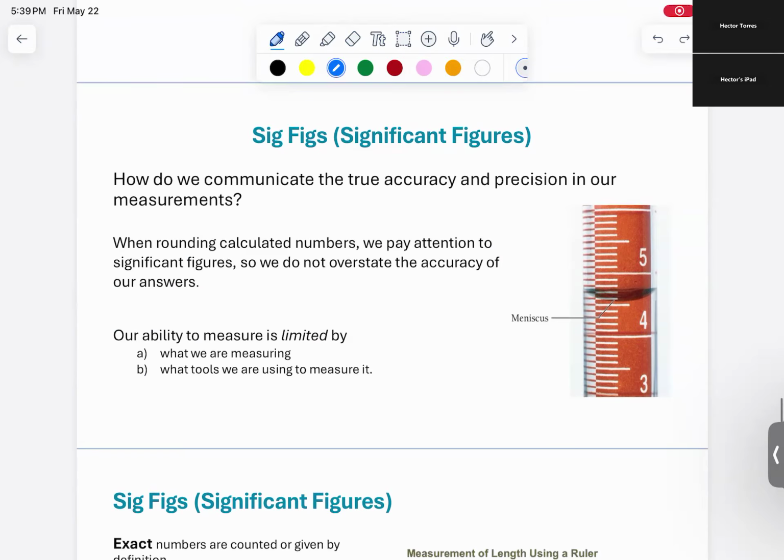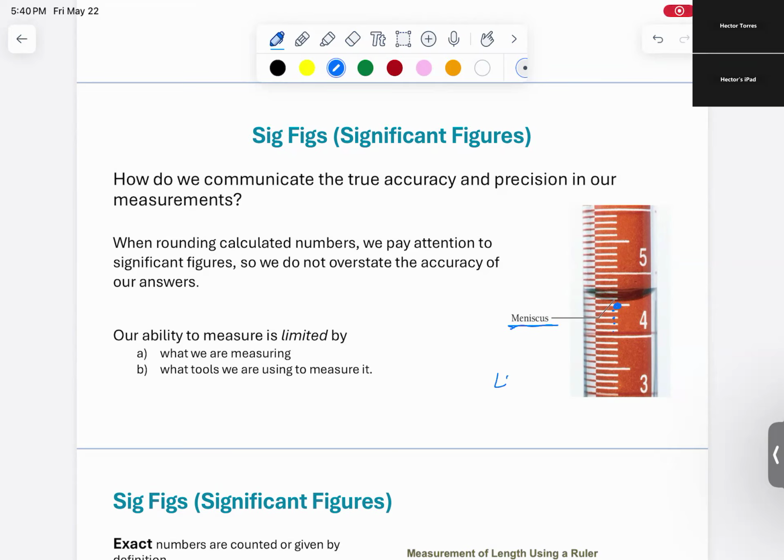So for example, over here we have this meniscus. If you guys are in lab, you've probably looked at this already. If you look at the bottom of this, it's a little bit hard to tell exactly where it is. I know it's above the 4 line, and if I count up, it's 1, 2, 3, 4, 5. So it's above 4.5, but in between those two, it's a little hard to measure.